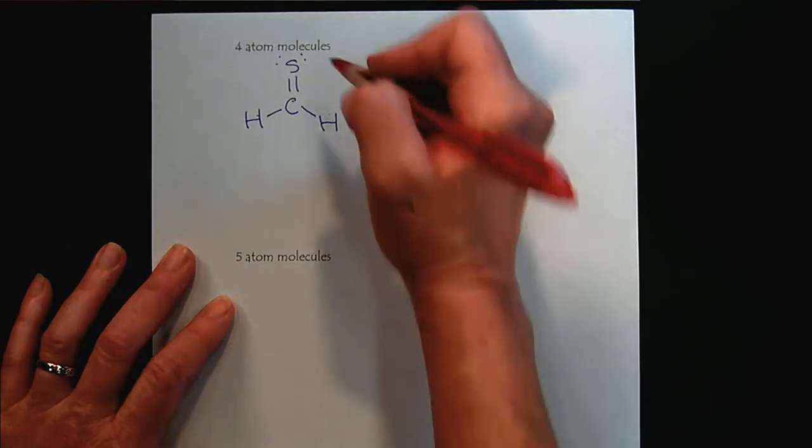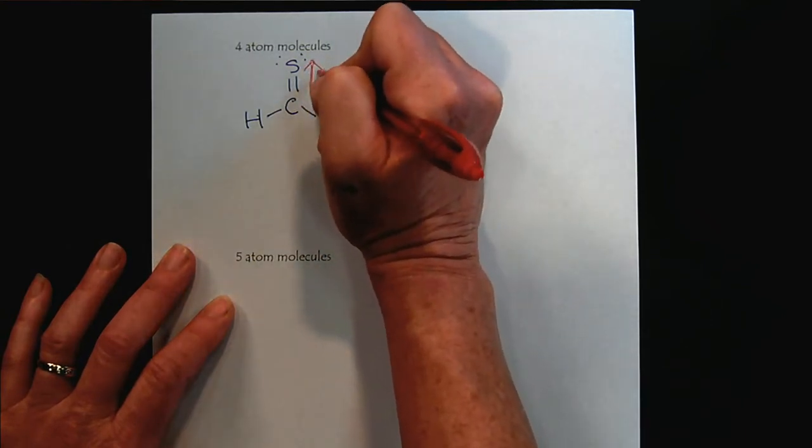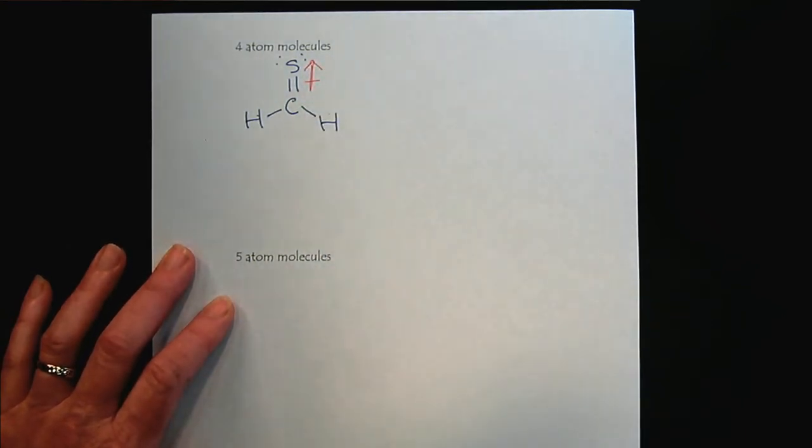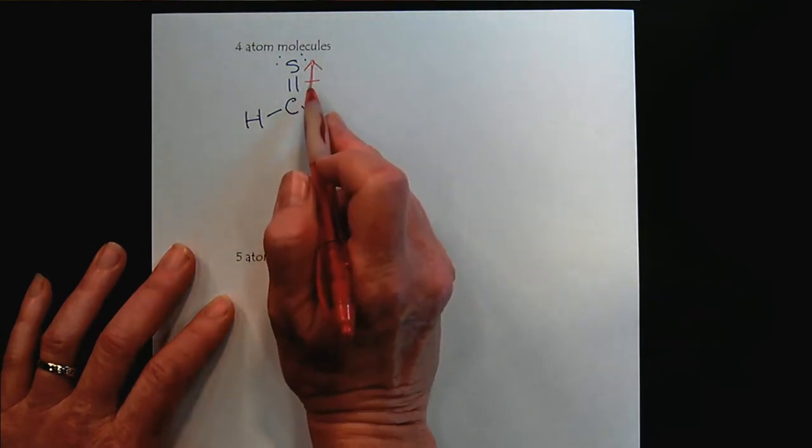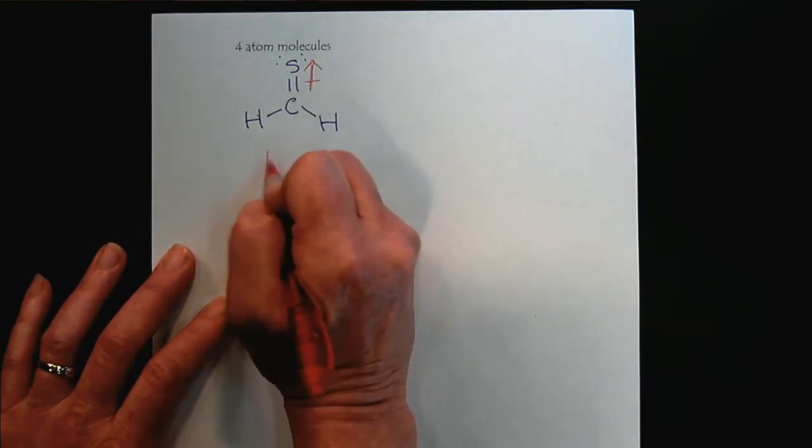However, sulfur is more electronegative than carbon, so we will get a dipole there. This is a simple one. Anytime we draw only one dipole moment arrow, we know the molecule is polar.